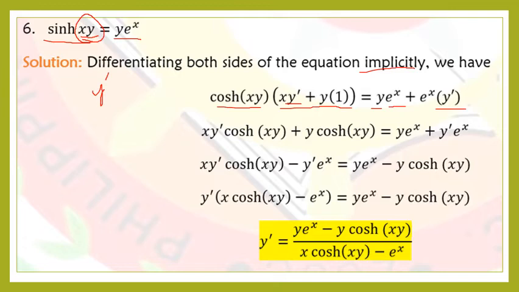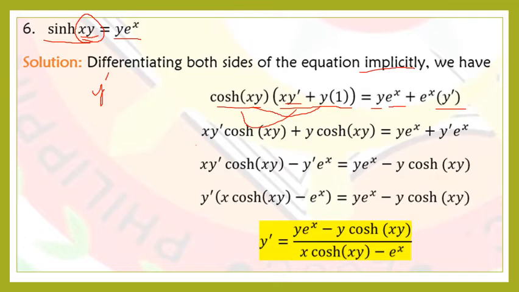Okay, so let's simplify and distribute. What happens is xy prime times cosine h xy plus y times 1, which is y, times cosine h of xy. On the right side, y e to the power of x plus y prime e to the power of x.